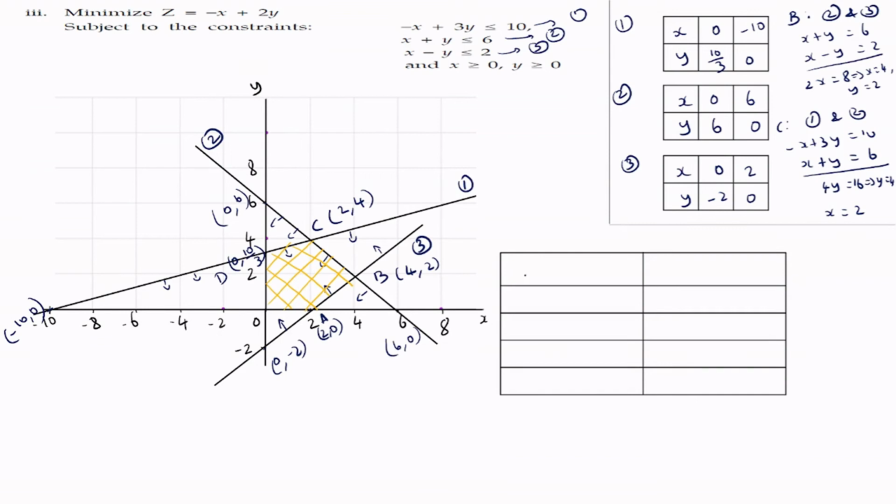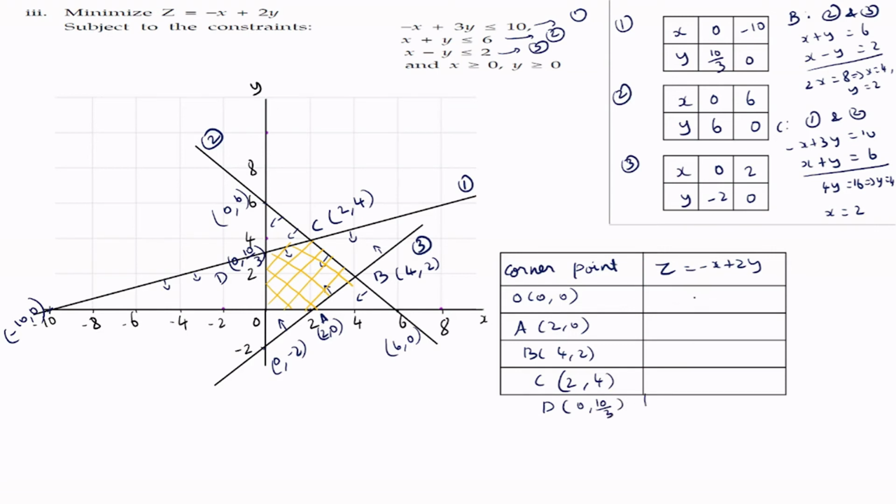And now let us draw the table and find the minimum value of z. Here we have the corner point, and here we have z is equal to minus x plus 2y. So the various corner points are (0, 0), then A (2, 0), then B (4, 2), then C (2, 4), and then D (0, 10/3).